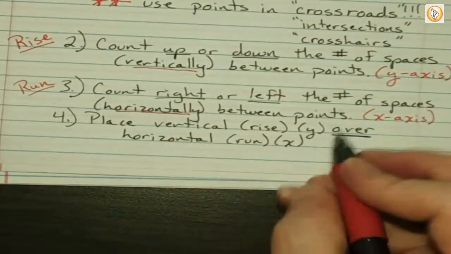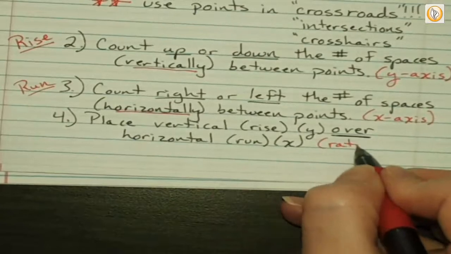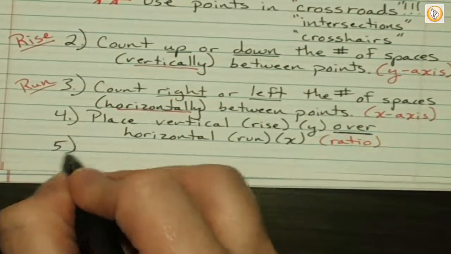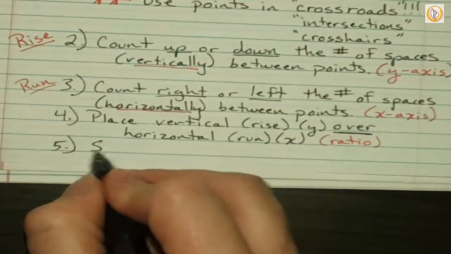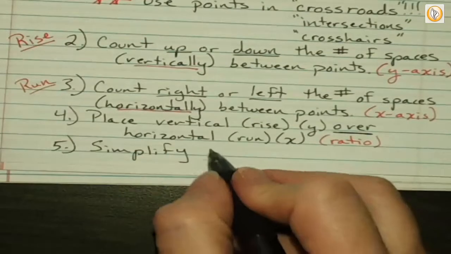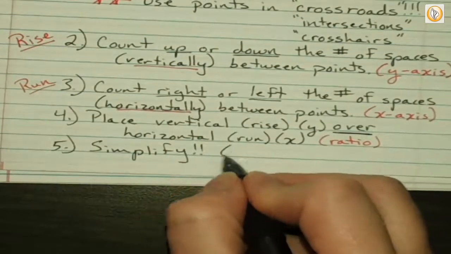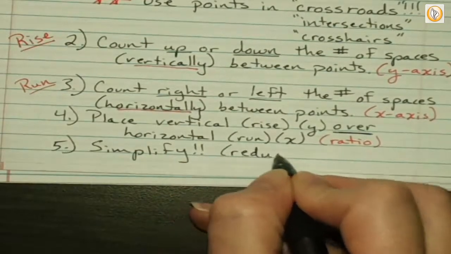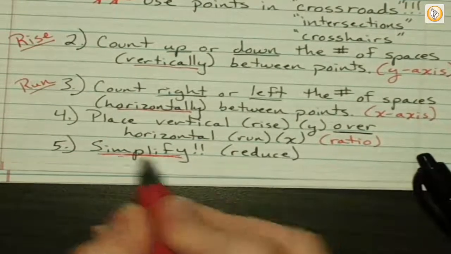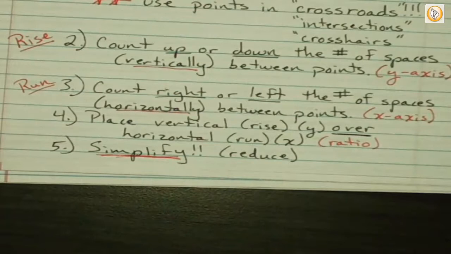That's that whole ratio looking thing, your fraction. And then step 5: simplify or reduce, like you would a fraction. These aren't fractions, but you will simplify as if they were. So I'll let you catch up now.